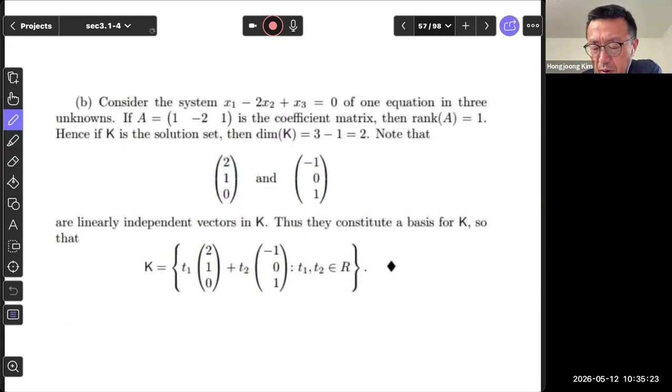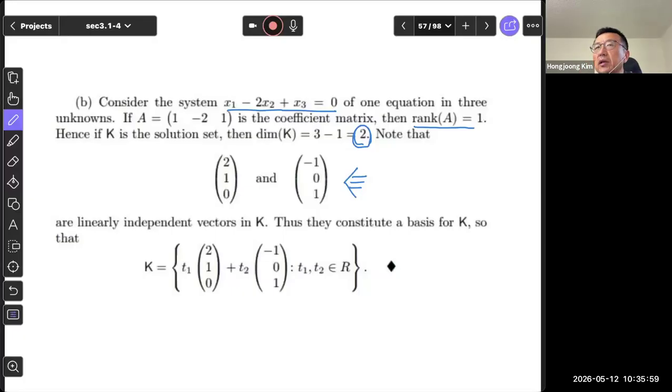If I consider a single equation in three unknowns, that means I have only one equation and three unknowns, so the rank of the coefficient matrix will be 1. So K in this case will be a two-dimensional space. To form a basis of this K, I need two linearly independent vectors. So we need to know how to find these two vectors, right?